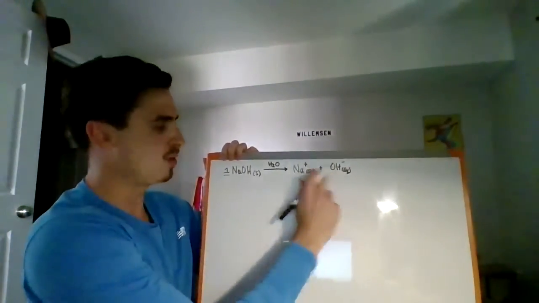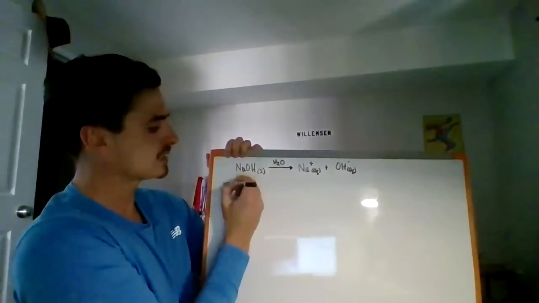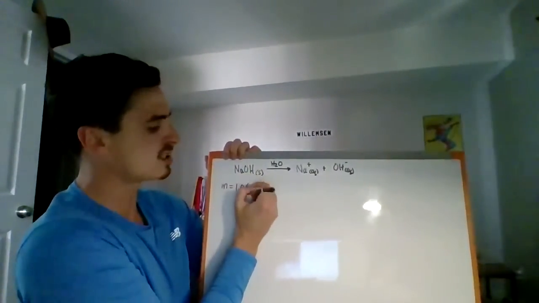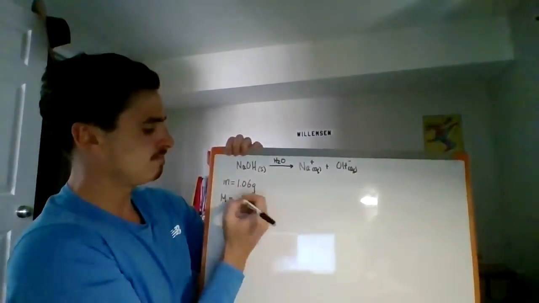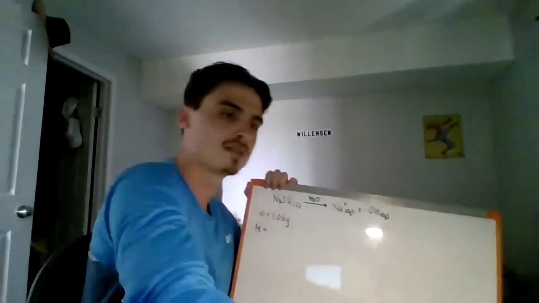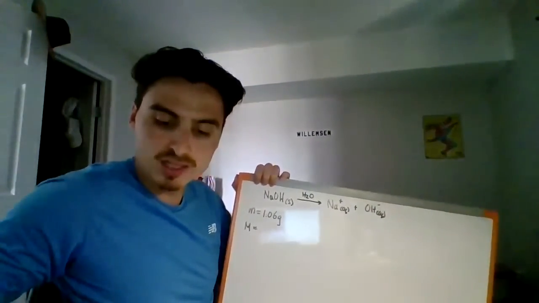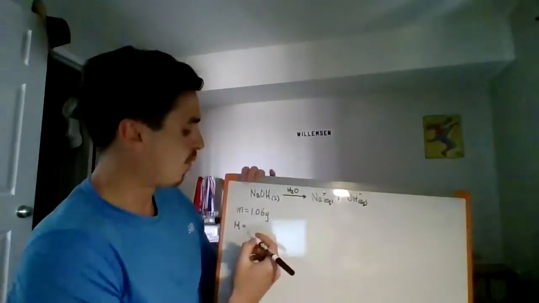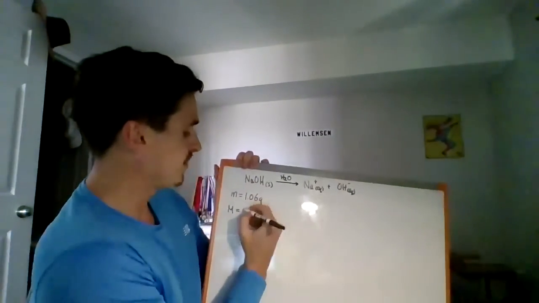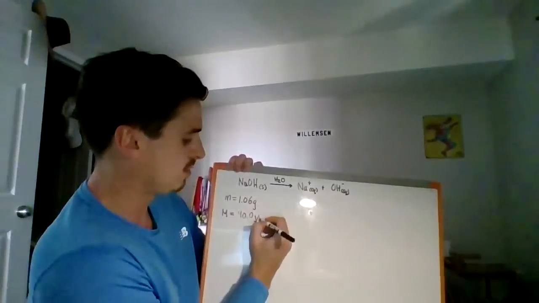All right. So let's think about what I have for NaOH. I have the mass. The mass is 1.06 grams. Do I know the molar mass? Yeah. The molar mass is 22.99 for sodium, plus 16 for oxygen, plus 1.01 for hydrogen. I'm going to get 40.00 whatever grams per mole.